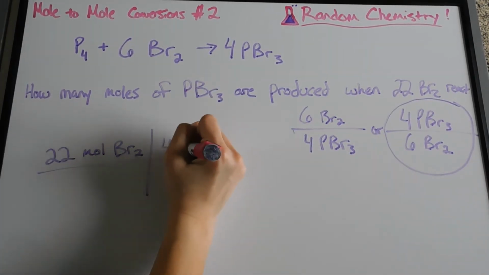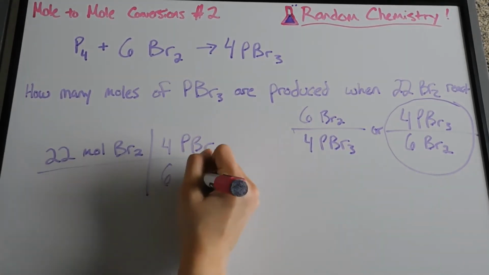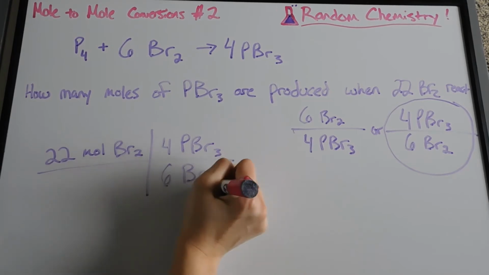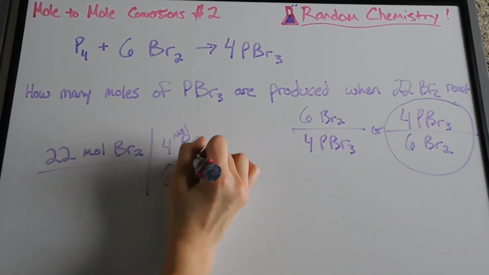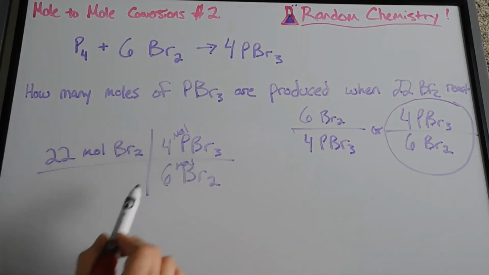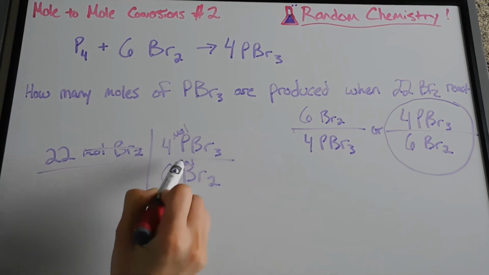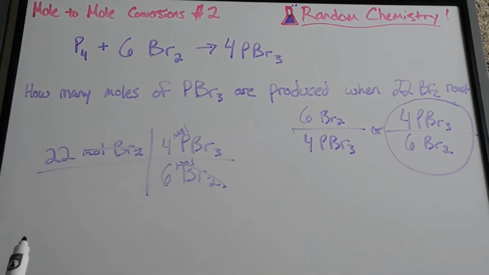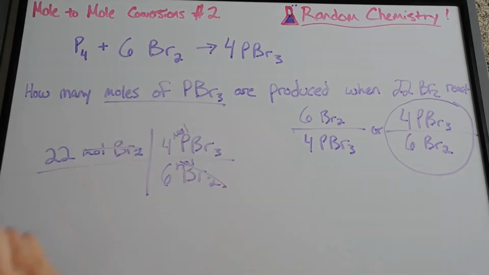4 PBr3 for every 6 Br2. Moles of PBr3 and moles of Br2. So moles of Br2 and moles of Br2 cancel, and I'm left with moles of PBr3, which is what it's asking me for, and then I just do my math.